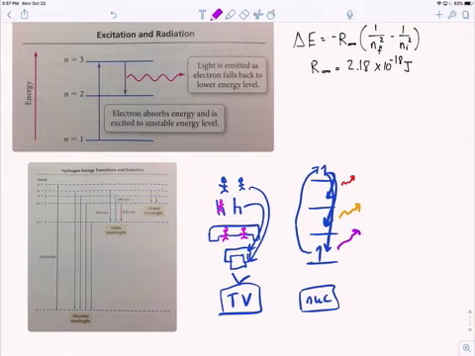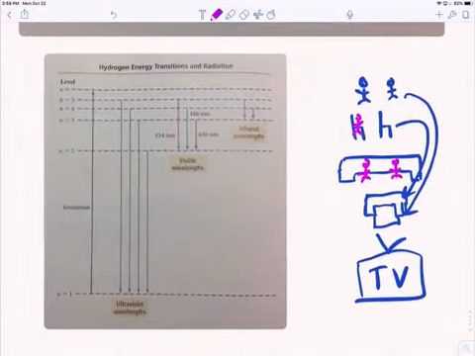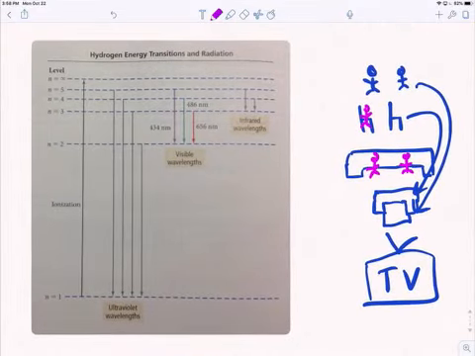And for the hydrogen atom, plain old hydrogen, not hydrogen-like, you have here N equals 1, N equals 2, up to N equals infinity. Ionization means the electron is ripped off. Remember, ionizing radiation is radiation that can ionize electrons.